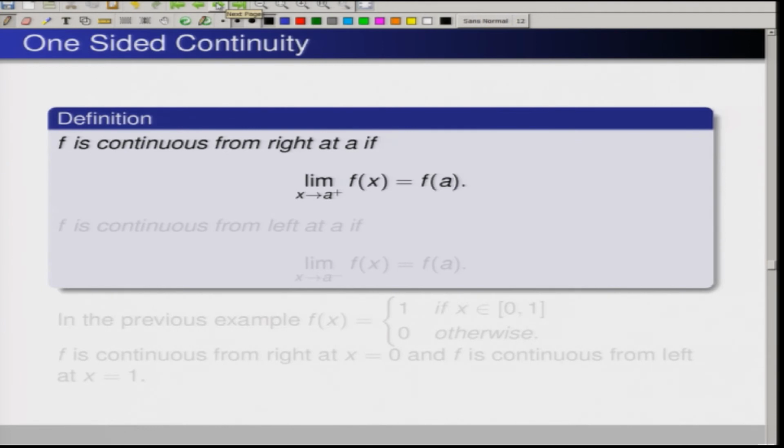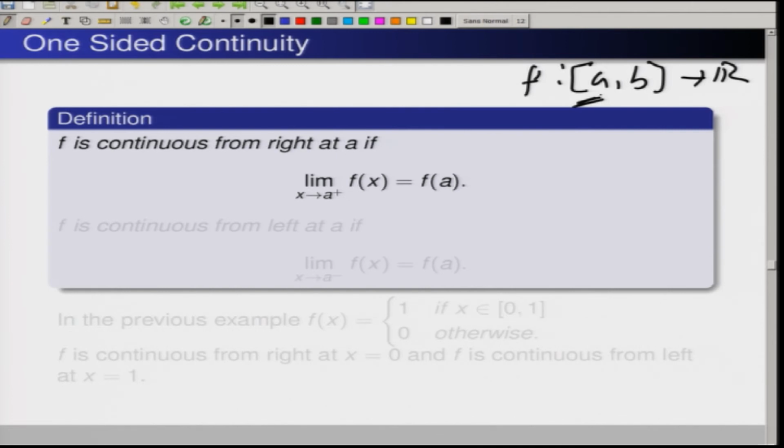So, this suggests that we have a concept of one sided limit. Suppose at the end point, what happens about the continuity? Suppose our function f is defined from a to b to R. Certainly, we cannot talk about the continuity of f at the point a.